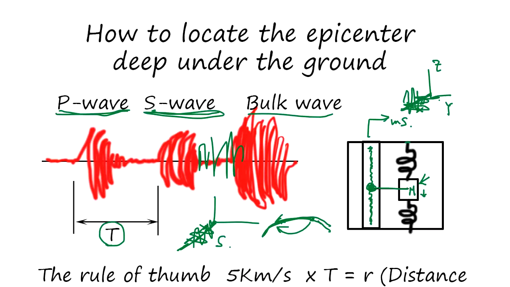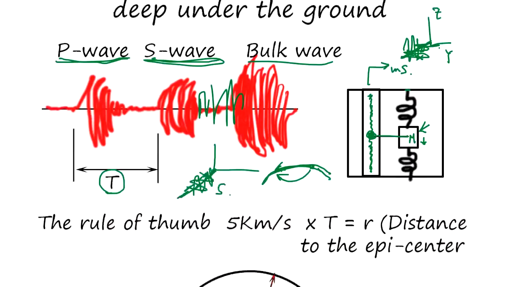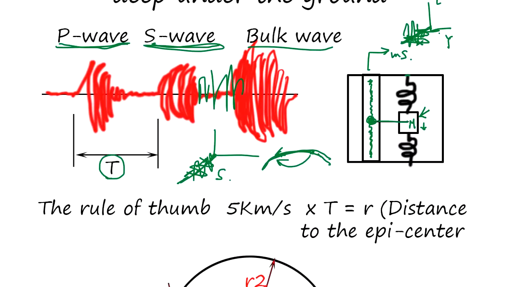So what we do is we have a rule of thumb of about 5 kilometers per second. If t is a 5 second difference, then probably the distance to the epicenter is about 25 kilometers. Okay, that means P wave speed is about 10 kilometers per second, and S wave is 5 kilometers per second.